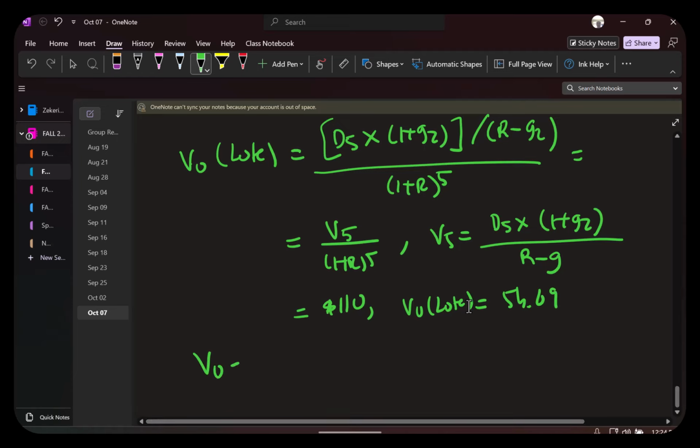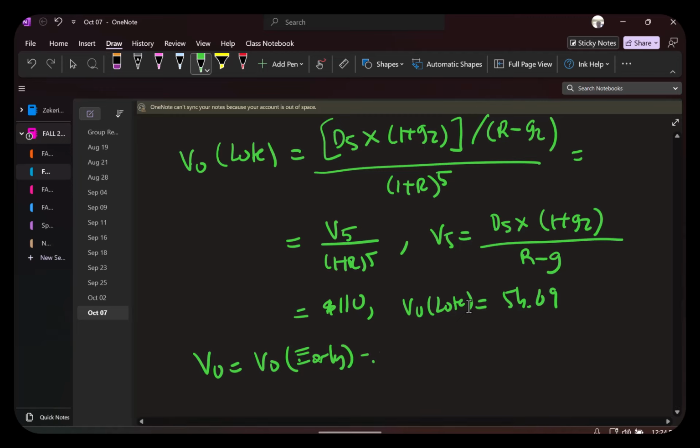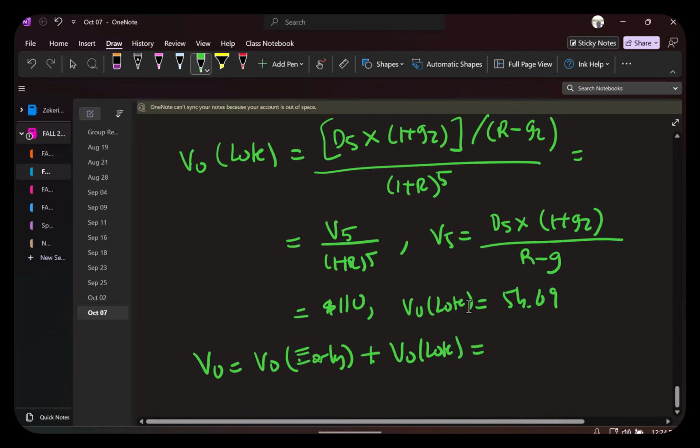Of course, the value of the company is now the sum of those two. And 63, 69.